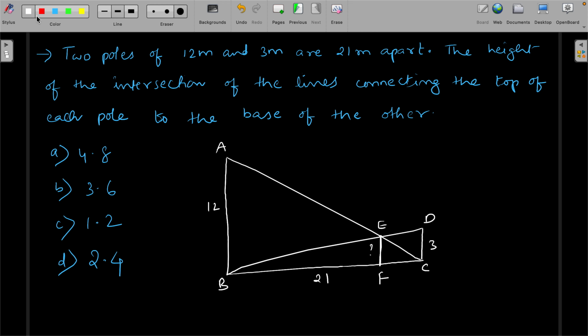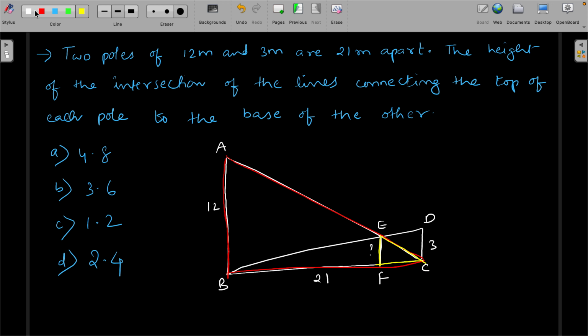This problem can be solved using the similar triangles method. If you carefully see, triangle ABC is similar to triangle CFE.